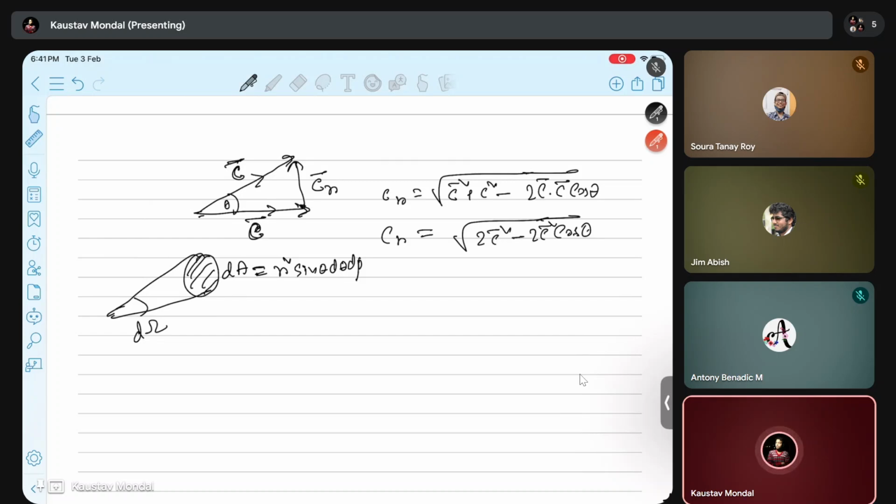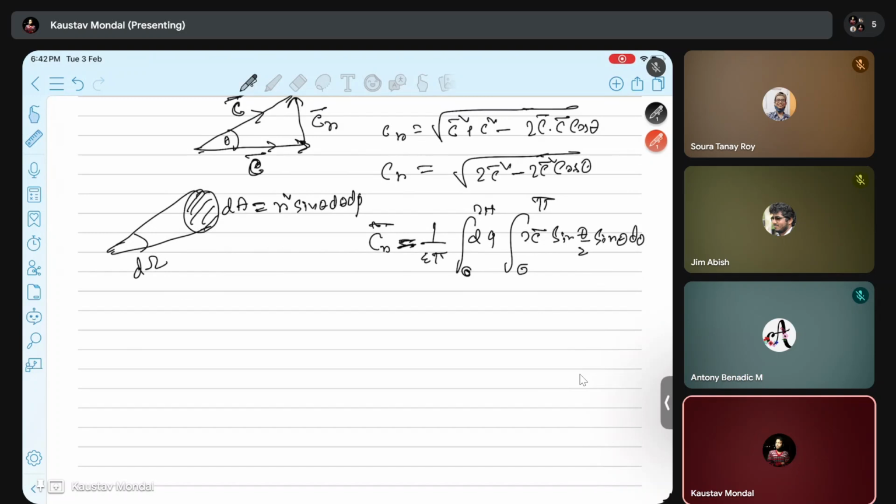Inside this small area dA, if you calculate the average expression of the velocity, and do the integration, cr bar gives you an integration like this: 4 pi, integral 0 to 2 pi d phi, into 2 c bar sine theta by 2, sine theta d theta from 0 to pi. If you do all of this integration, you will get cr bar equal to 4 by 3 into c bar.